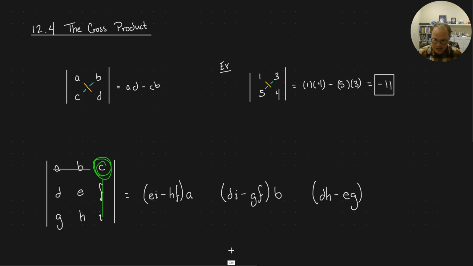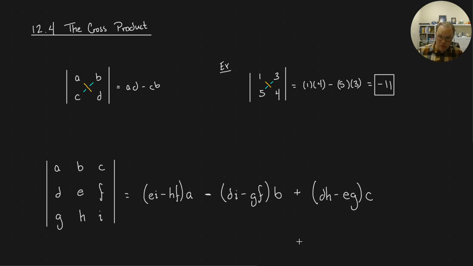So that would be the C. Okay, and then we want to alternate signs. So plus, usually we don't actually write the plus, so no sign change there, minus, plus. Okay, that is how you take a 3 by 3 determinant.